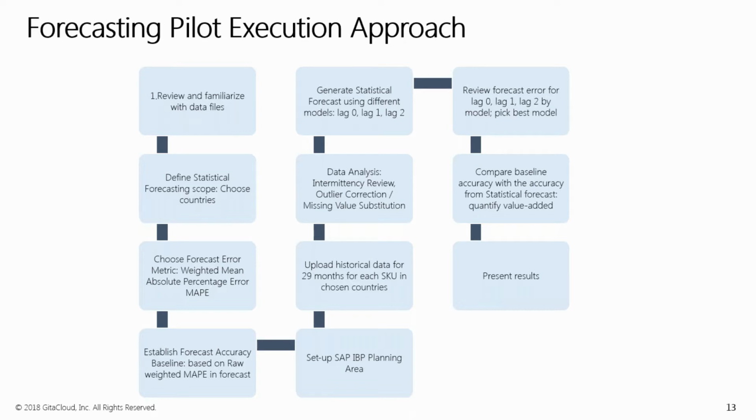But we chose, after some thought, what we call weighted MAPE. MAPE is the mean absolute percentage error. What you do is you take the difference of the actual demand and the forecast for a given SKU, and then you divide that by the maximum of the forecast or the actual demand for the SKU.